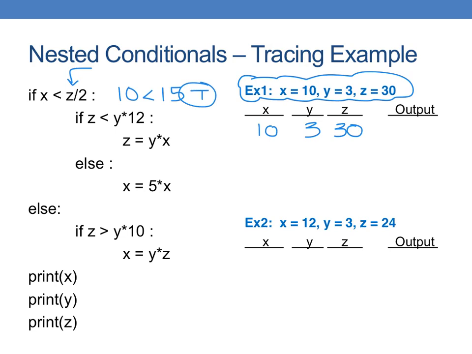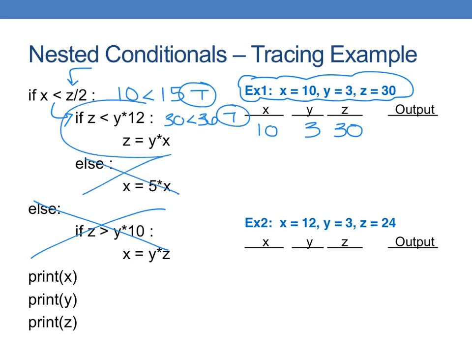This is true, which then tells me, okay, I'm going to go in and run this code and skip this code. Then from here it's saying if z, so 30, is less than 3 times 12, which is 36. Again, that's a true statement, so we're going to skip this and run this code right here.